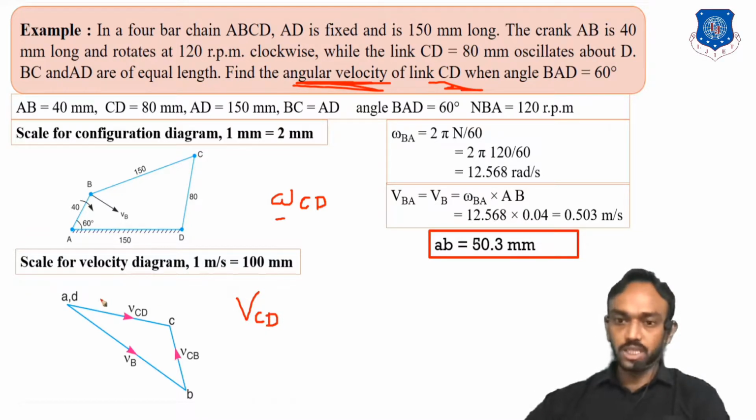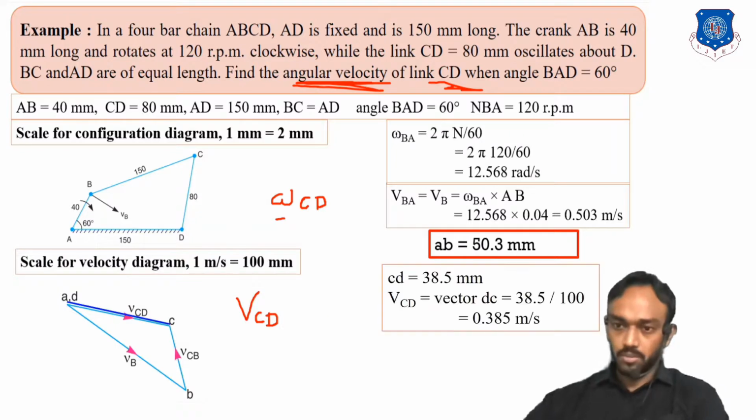And for the velocity of CD, what will you do? You will measure this CD line here, and you get the length of this CD line. So you will get the length 38 in the velocity diagram. But what is the scale? 1 meter per second is equal to 100 mm.